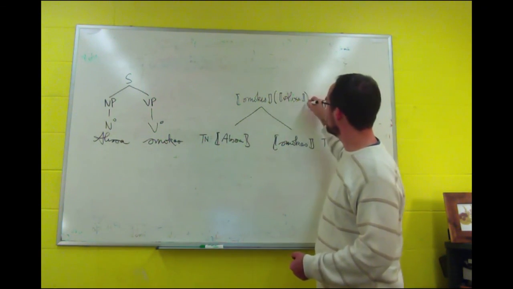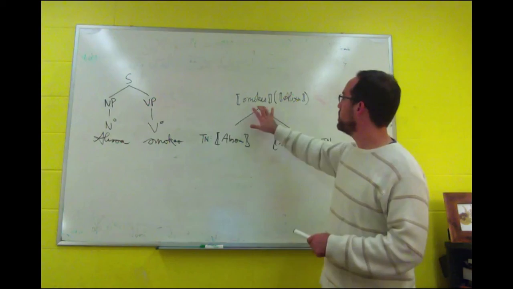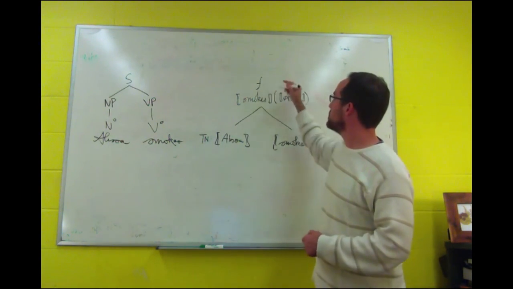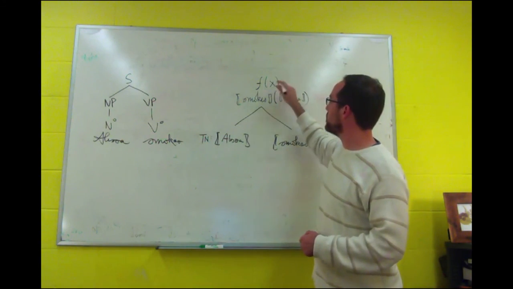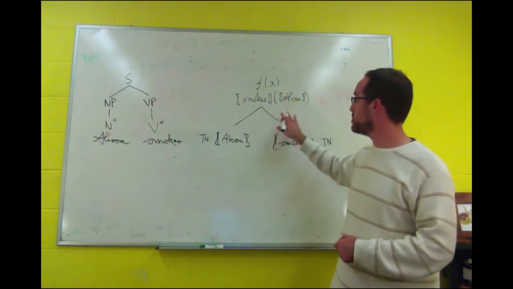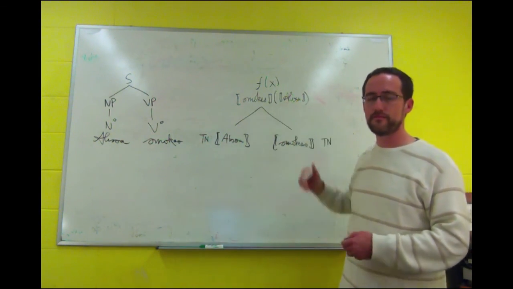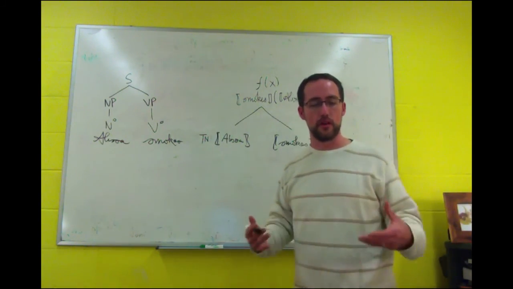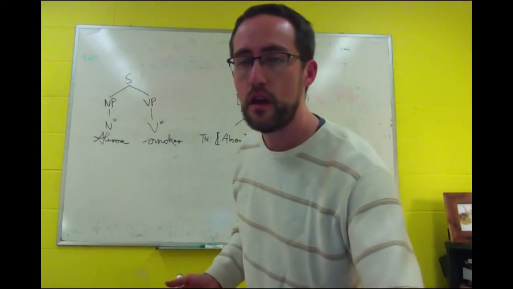Now, why do we do this? Well, that's because Smokes is a function. You can think of it as the f, and we write the argument of the function in parentheses. So the argument is Alyssa. Now, pretty straightforward, right? We combine the noun and the verb, and voila.